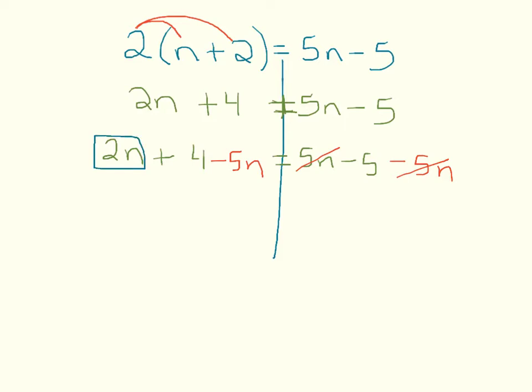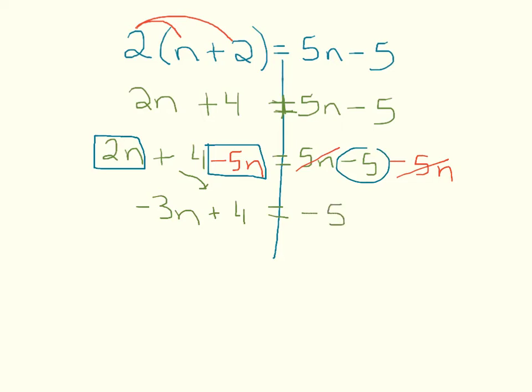So I have 2n and a minus 5n. That becomes negative 3n. And then my plus 4 comes down, equals, what's left over on the right side is a negative 5.